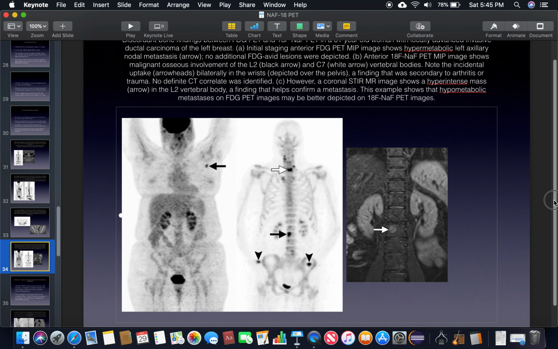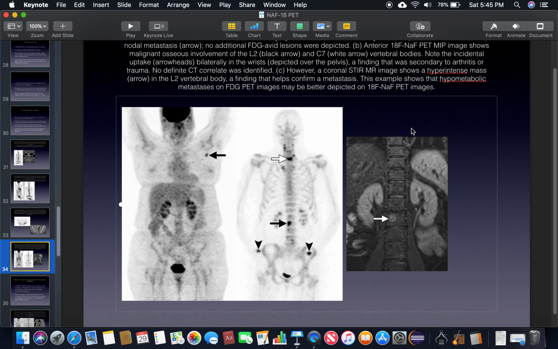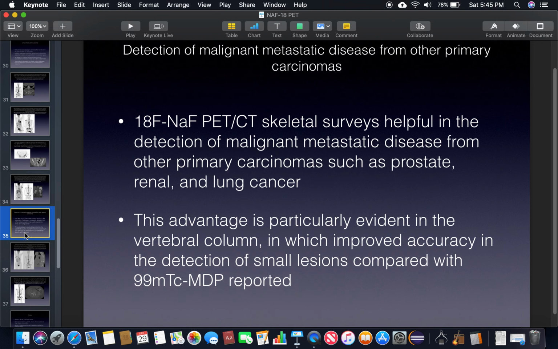Now, the thing to remember also is that there are going to be false positives with sodium fluoride PET, and I'm going to show you a few examples.